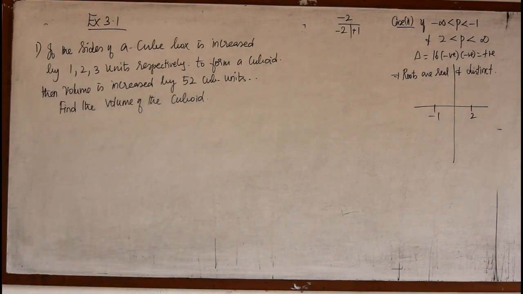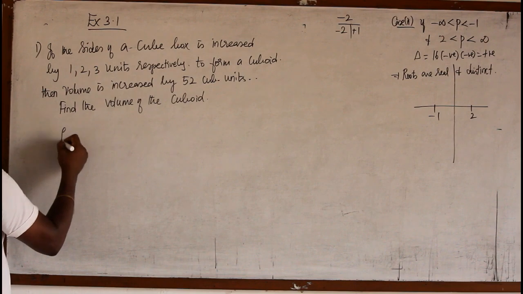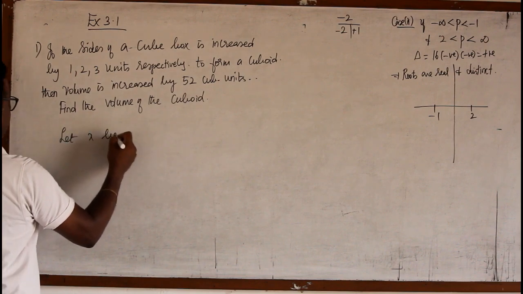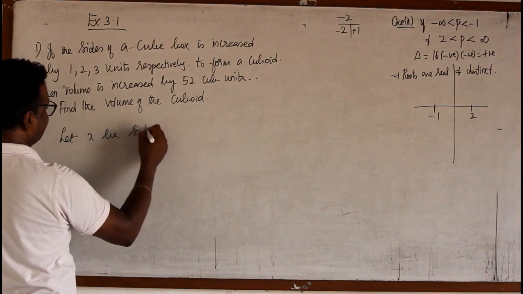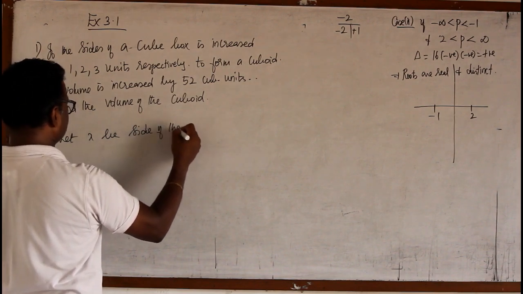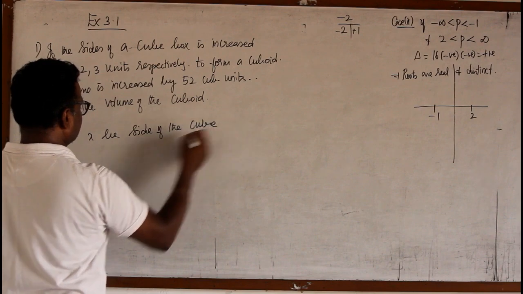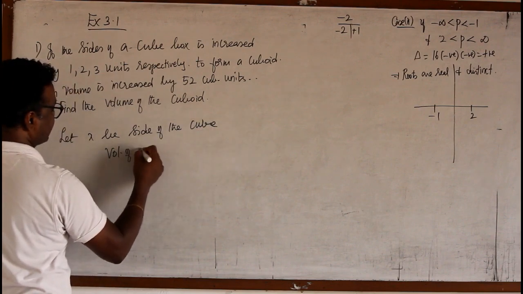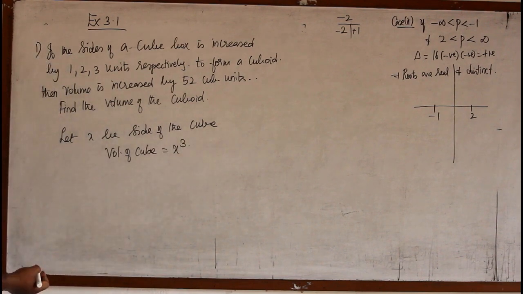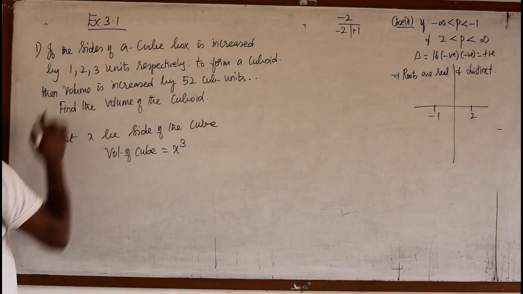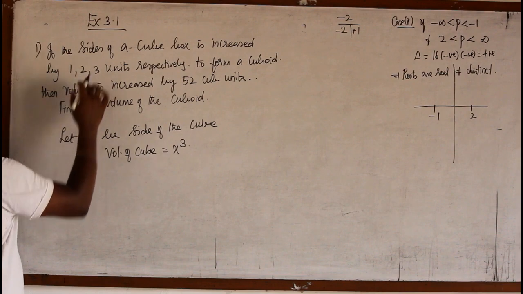Now, given originally it was a cube, so let x be the edge of each cube, the side of the cube. Then the volume of the cube is equal to x cube. But now each side is increased by 1, 2, 3 respectively.